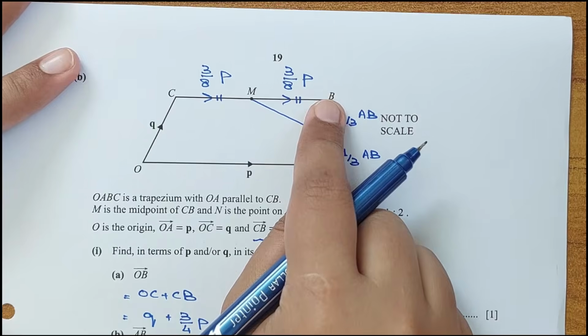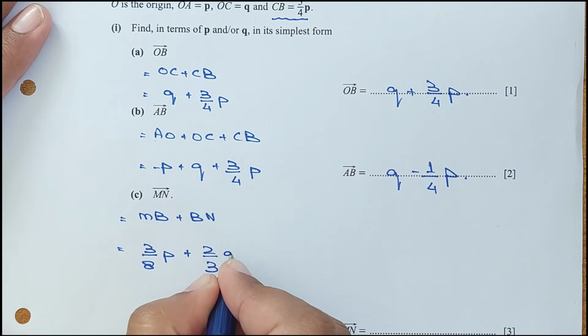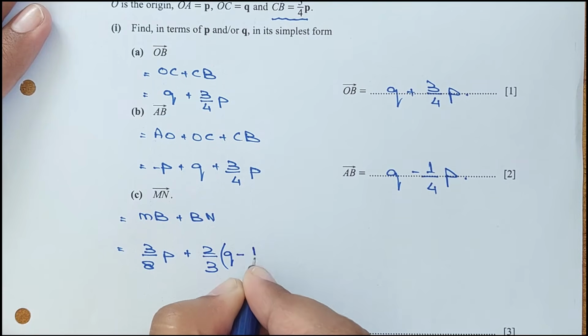M to B is 3 by 8 of P, and B to N is 2 by 3 of AB, and this AB is Q minus 1 by 4P.